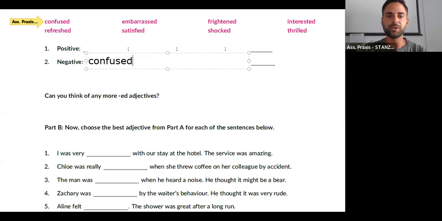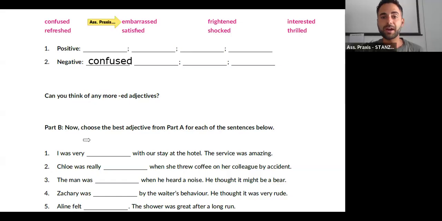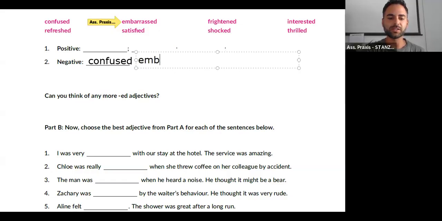Confused. We're going to write it here. What about embarrassed? Embarrassed. Imbarazzato or imbarazzata. Positive or negative? Well, also this one is a negative adjective. Embarrassed.